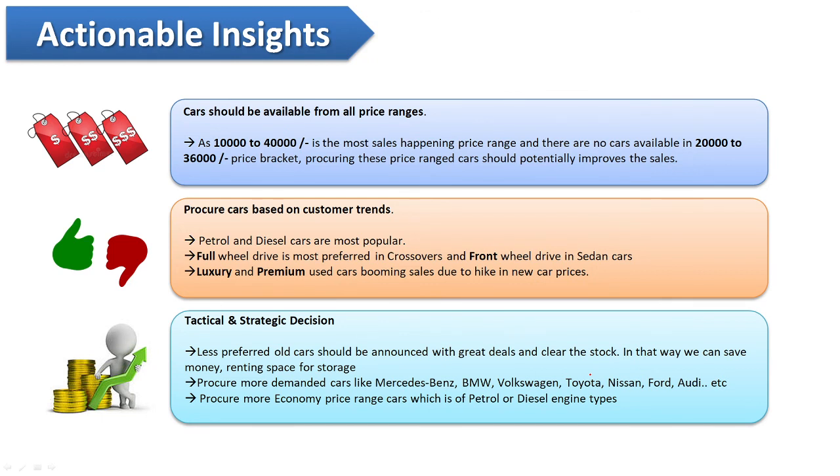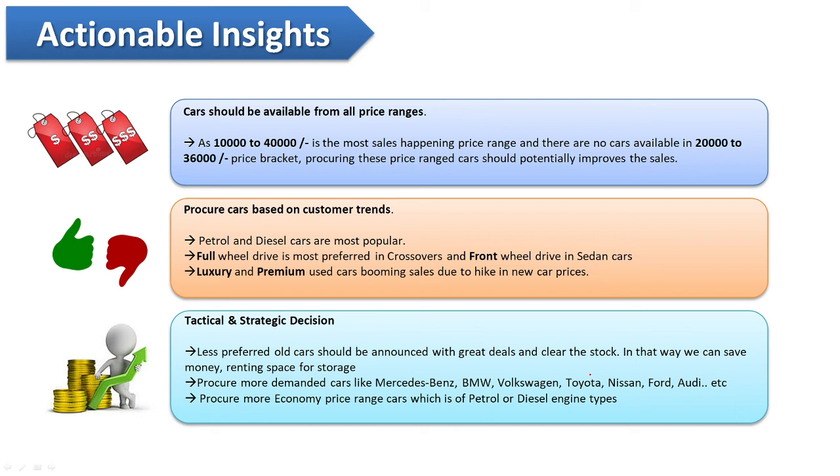As you have more cars of those, you need to announce great deals so that customers will clear the stock. This gives a variety of benefits: we can save money on renting space for storing these cars, and procuring more demanded cars like Mercedes, BMW, Volkswagen, Toyota, and so on will boost sales because those are the most preferred cars.